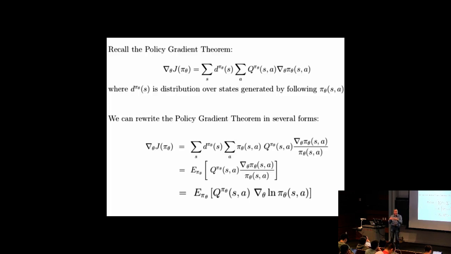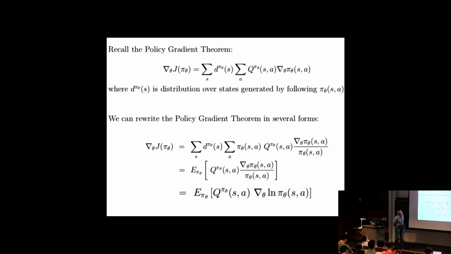And of course, that's one way to define it is that we want to maximize. We want a policy pi that gives actions that maximize the sum of discounted expected future rewards. We can also define J in terms of average reward or the episodic reward in the case of episodic trajectories. But this policy gradient theorem holds in all of those cases.